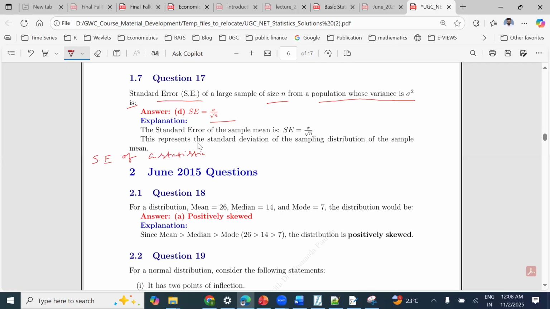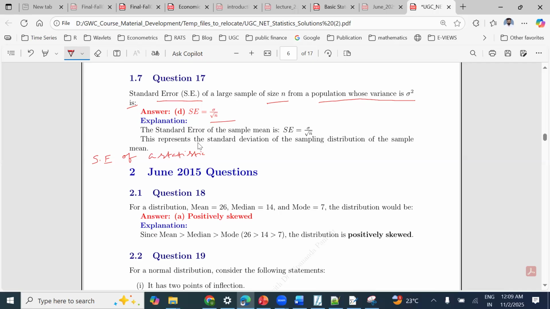Statistic and parameter you already know, right? A statistical measure which you calculate on the basis of sample observations is called a statistic, for example sample mean, sample standard deviation. And any statistical measure based on all units in a population is called a parameter, like population mean, population standard deviation and so on.